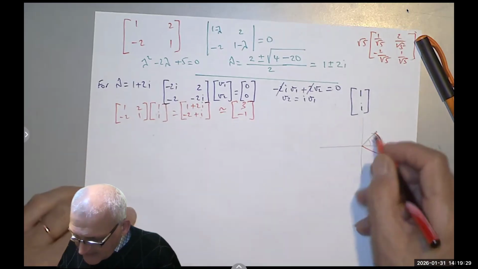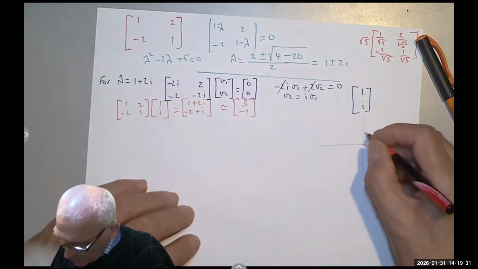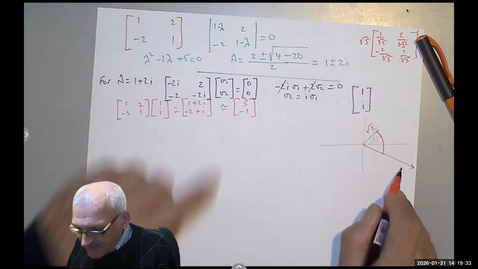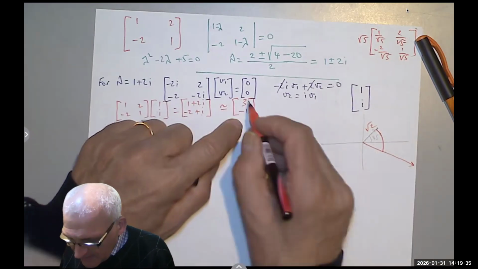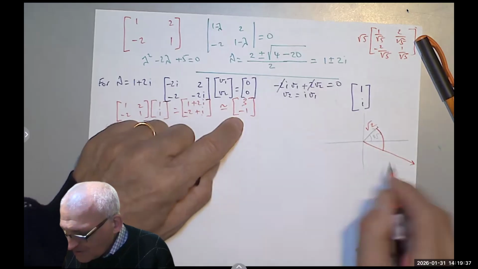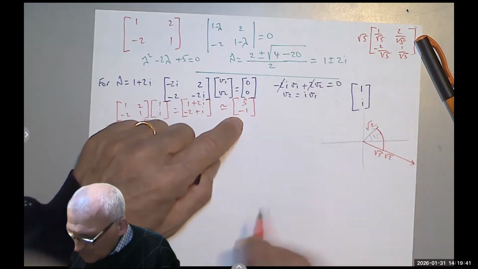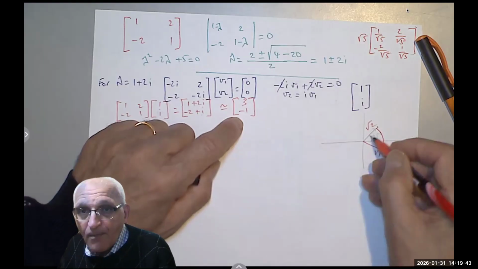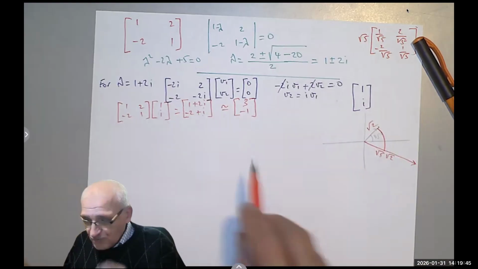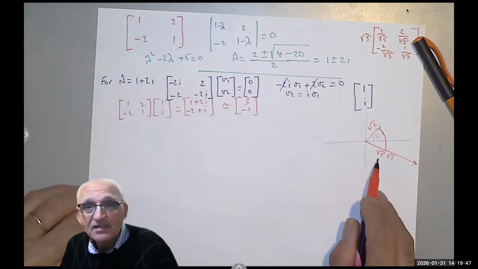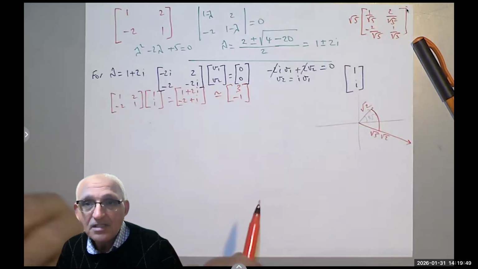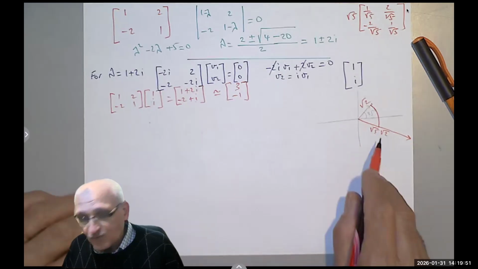The length of this, again, was root 2. The length of that is the square root of 9 plus 1, which is root 10. Root 10 can be written as root 5 times root 2. So it's root 5 more than root 2. So this is the factor of dilation. It stretched by a factor of root 5.